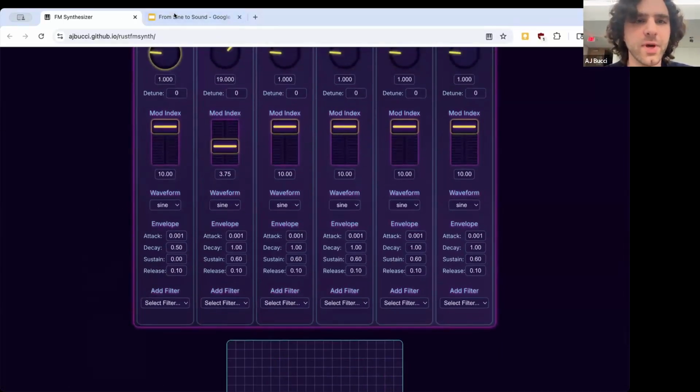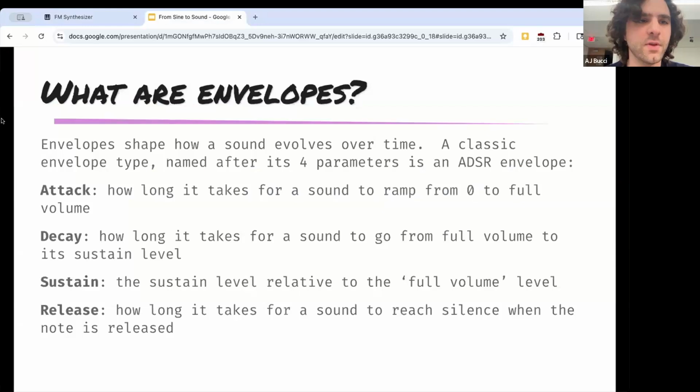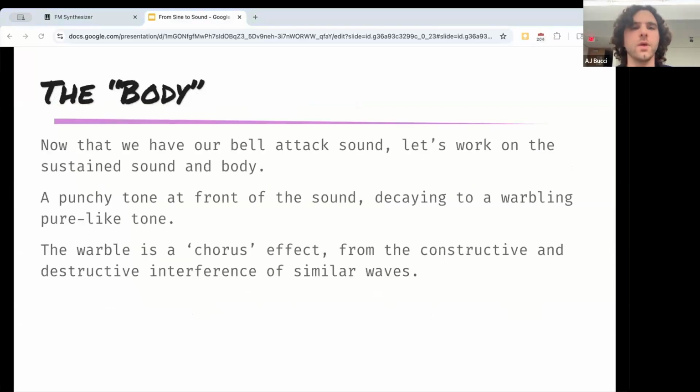All right. So how do we achieve the body? Well, the body had a punchy tone towards the front, but it wasn't that in your face. So we can start with a sine wave modulating another sine wave, but maybe keep the ratio at 1:1.